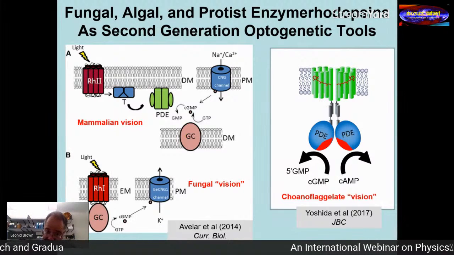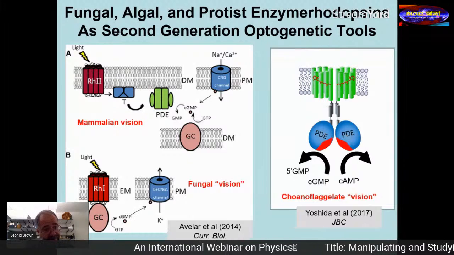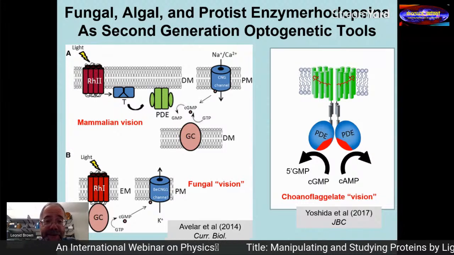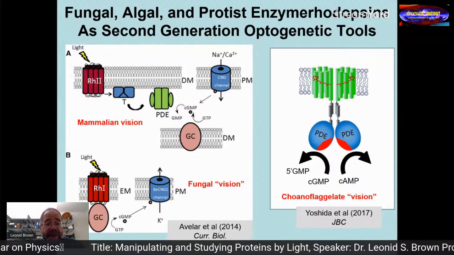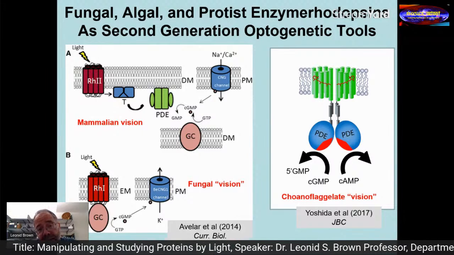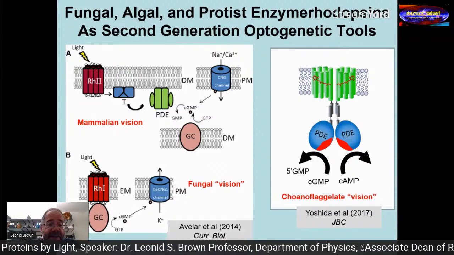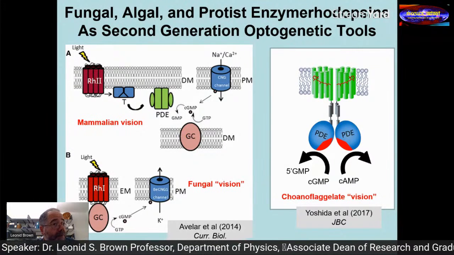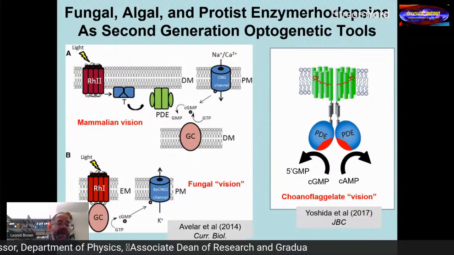So optogenetics keeps developing. What I showed you on the previous slide was first generation optogenetics, which relies on changes in the membrane potential. Now here is the second generation, where you rely on changes in intracellular signaling molecules, such as cyclic GMP or cyclic AMP.